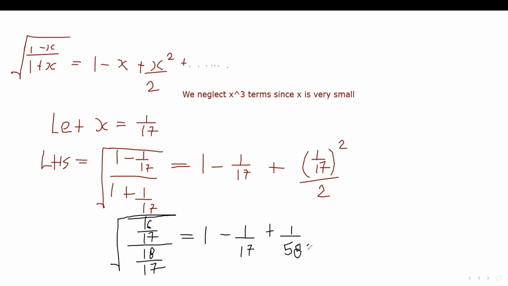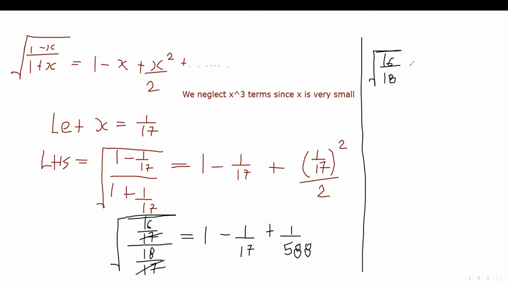No calculator. Now the root of 16 over 17 over 18 over 17: the 17s are going to cancel, Marika. So in reality, this works out to be the root of 16 over 18.